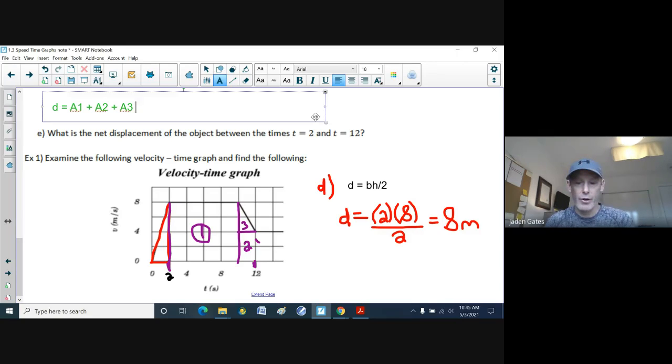These are areas I'm figuring out. The area of a rectangle is length times width. So lengthwise, we go from 2 seconds to 10. The difference there is 2, 4, 6, 8 long, and it's 8 high.